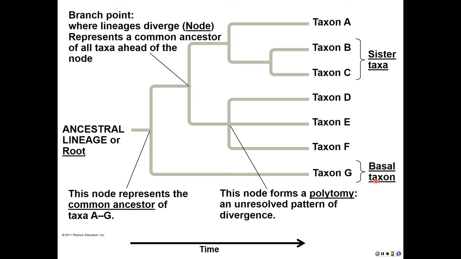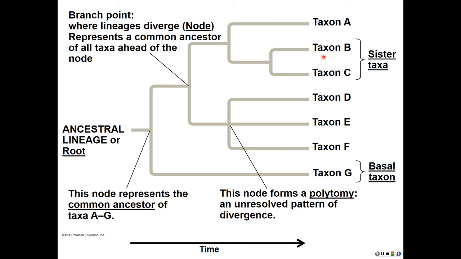So what we would call sister taxa are the two taxa that are each other's closest relatives on the tree. So in this example, taxon B and C are sister taxa. How do I know? Because they share the most recent common ancestor.